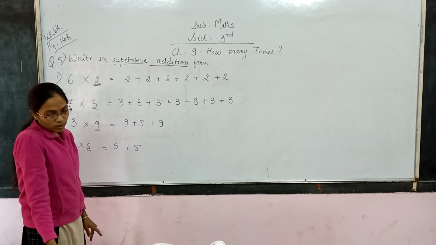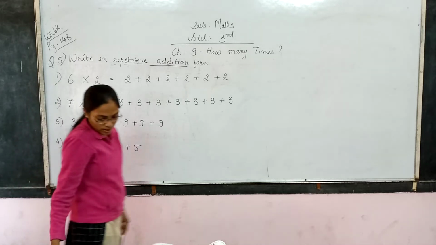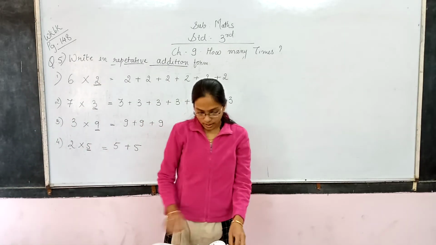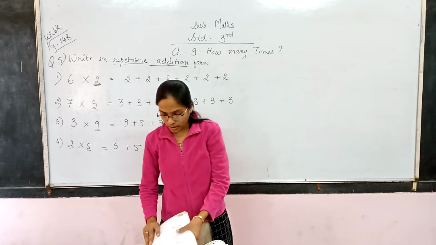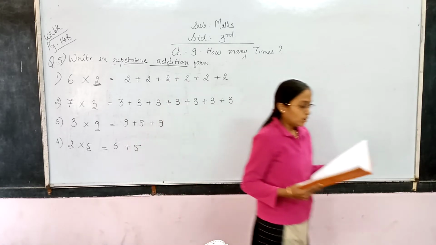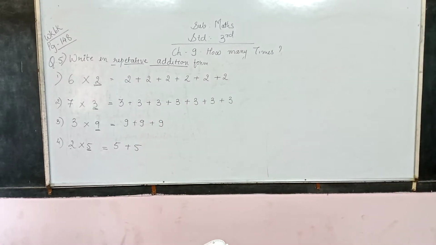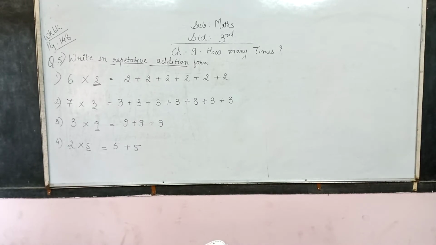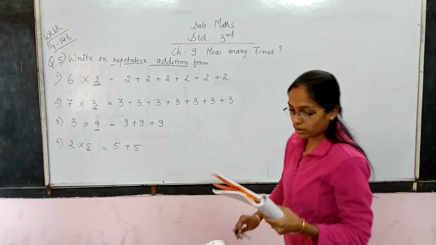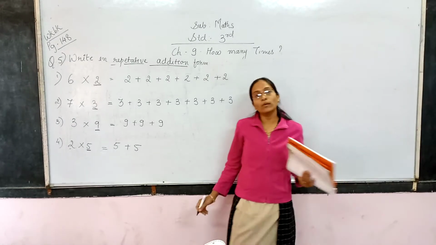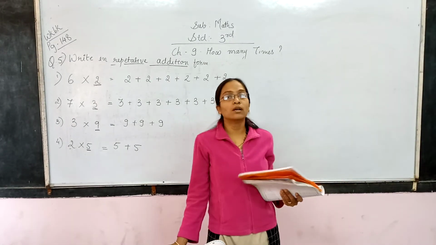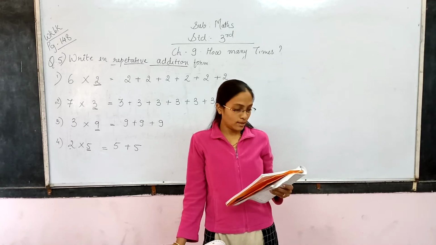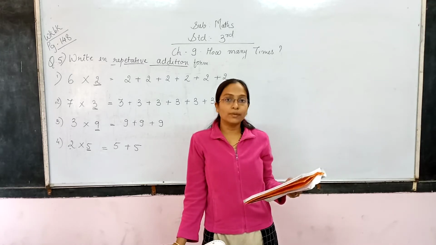Okay. Now we will go to the next page, page number 149. Here the table is given. You have to count the dots, and you have to read this table. Already you have learned this table in first standard and second standard. So here also you have to repeat it.